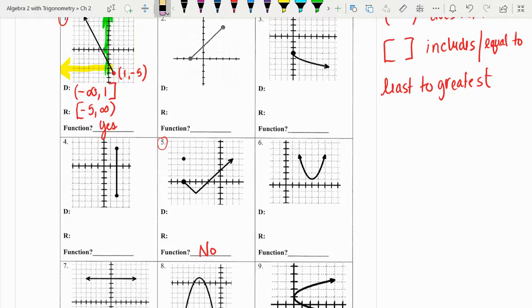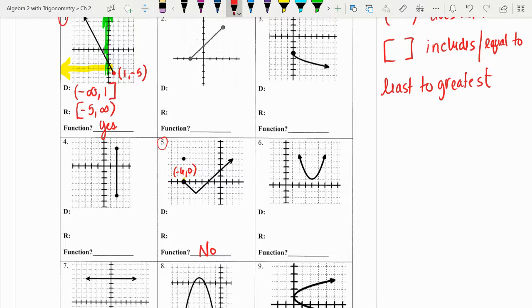Remember, domain is back and forth. It's right to left. Again, these points over here, and I'm going to name these points. The first point here is -6, 0.